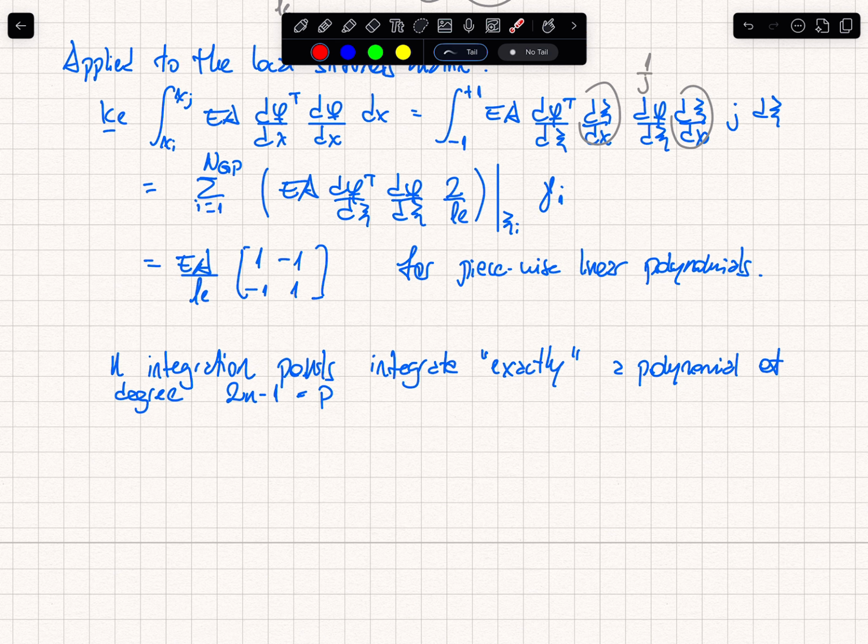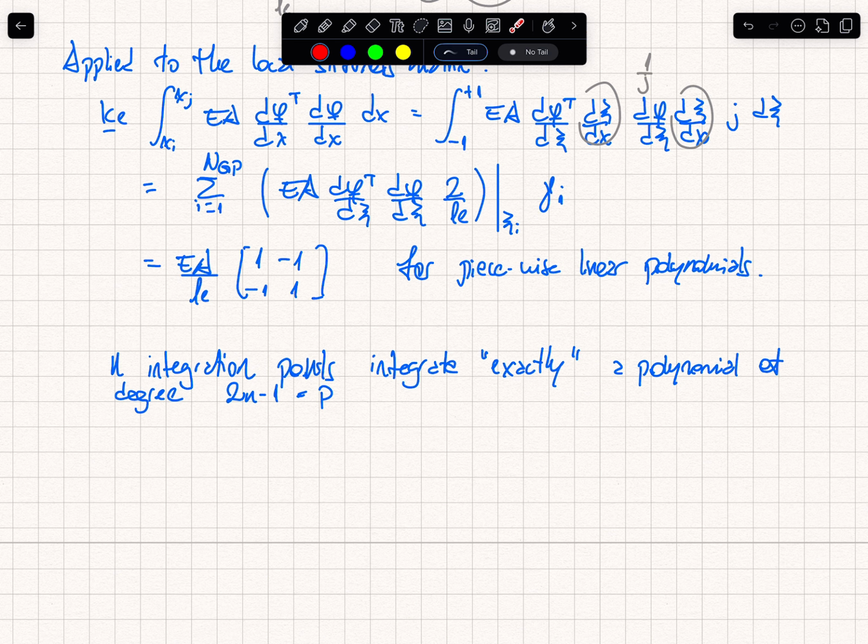If I put 3 here, 3 times 2, 6 minus 1, 5. So it's not 3. It's 2: 2 times 2, 4 minus 1, 3. So a cubic polynomial is exactly integrated with 2 points.